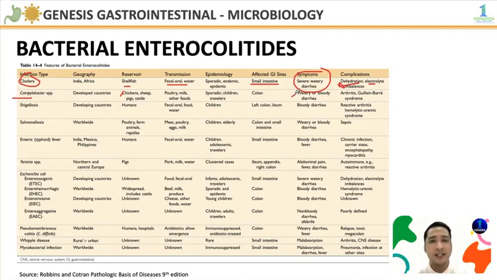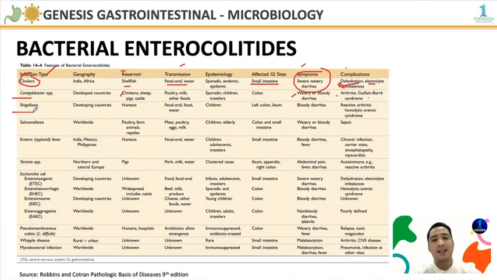There are also associated diseases, for example Guillain-Barré syndrome, ascending paralysis, and arthritis, some of which are associated with reactive arthritis. So again, it is very important in this table to take note of the infection type, the reservoir, mode of transmission, symptomatology, and complications. And of course, we're going to discuss some of the treatment.